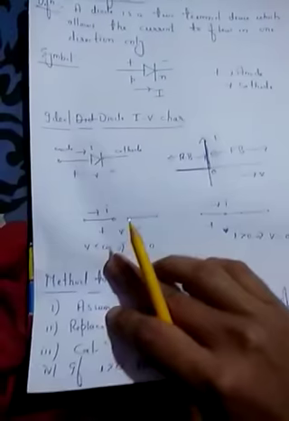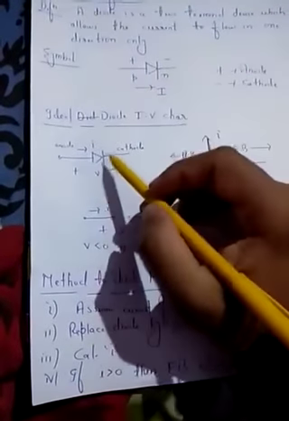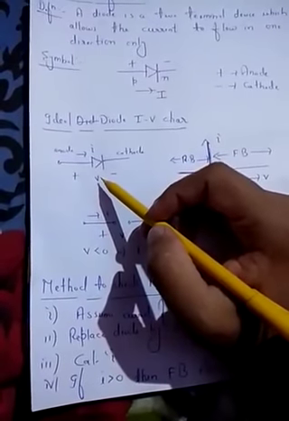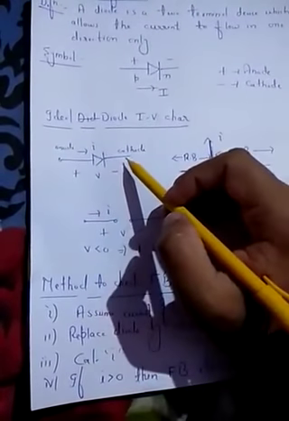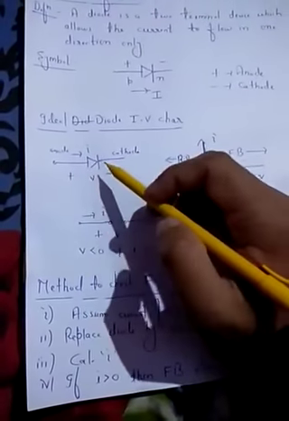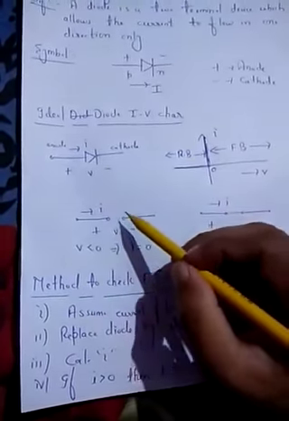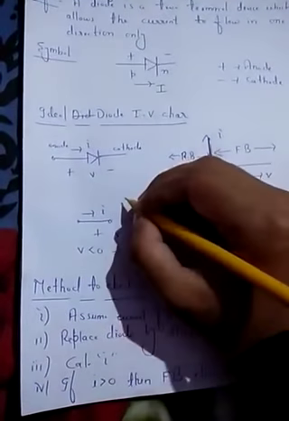What are the ideal diode IV characteristics? This is the ideal diode. When V is less than 0, that is, the cathode voltage is greater than the anode, then I is 0. So this diode is replaced by an open circuit. This is an open circuit.